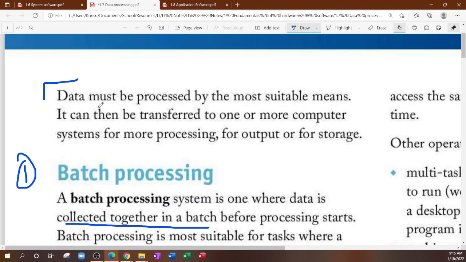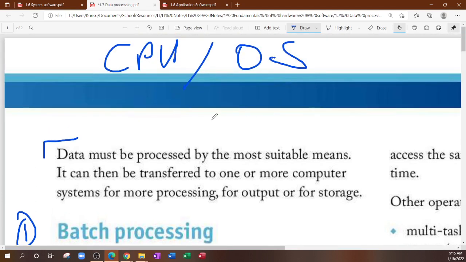So the first paragraph mentions that the data must be processed by the most suitable means. If you guys can remember the IPOS cycle, what does that stand for? Input, processing, output, storage.